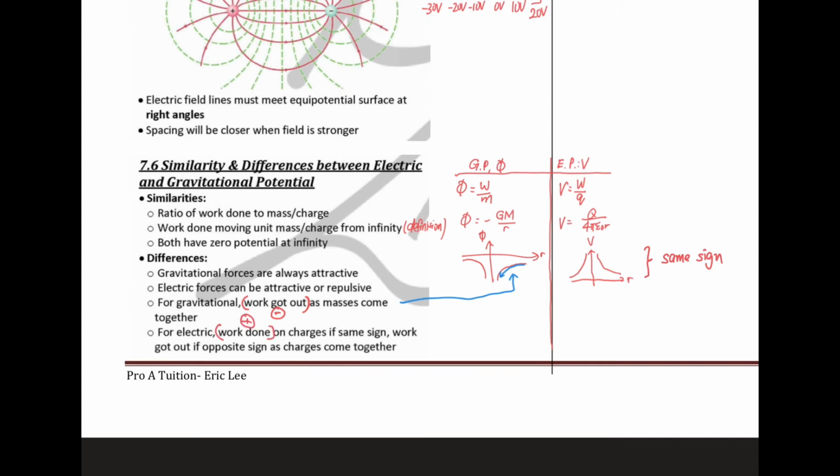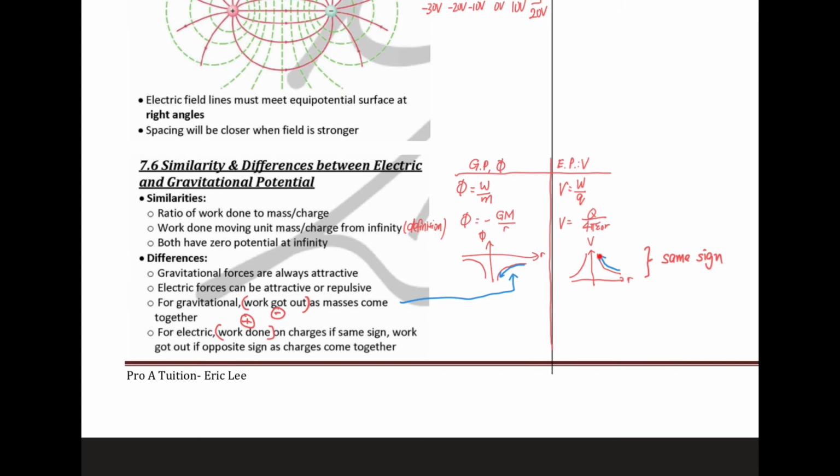W is positive. To understand this, we have to put a blue arrow in this way. The R is decreasing. That means the charges are getting nearer to each other. So you will see that the electric potential is getting more and more positive.